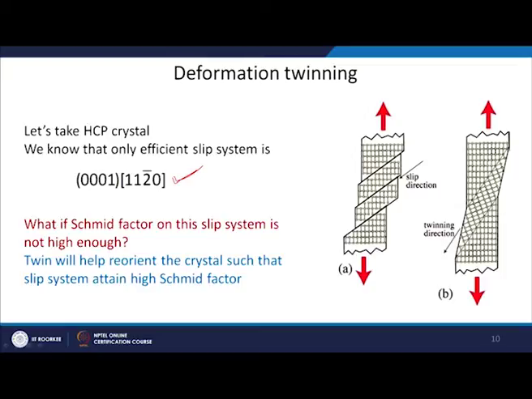So, what my material is trying to do is, now it has reoriented the crystal here. You can see now the orientation, or the arrangement, has changed. By doing that, the material is trying to align these planes such that they will be able to deform plastically, deform by a slip process.